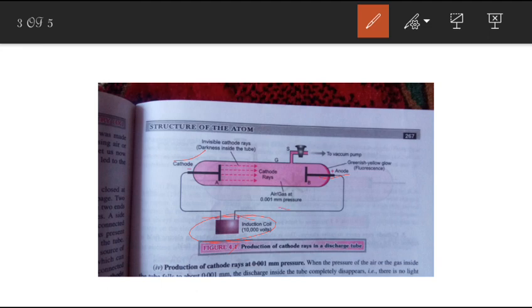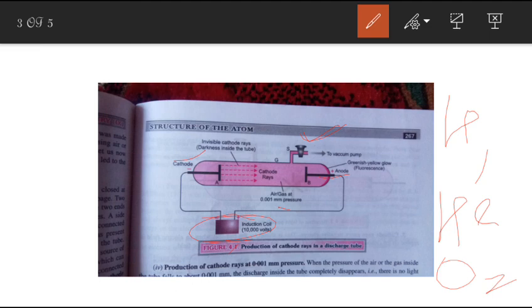It can be air or any other gas, whether hydrogen, helium, or oxygen. This is the suction, a vacuum pump, used to maintain the pressure.